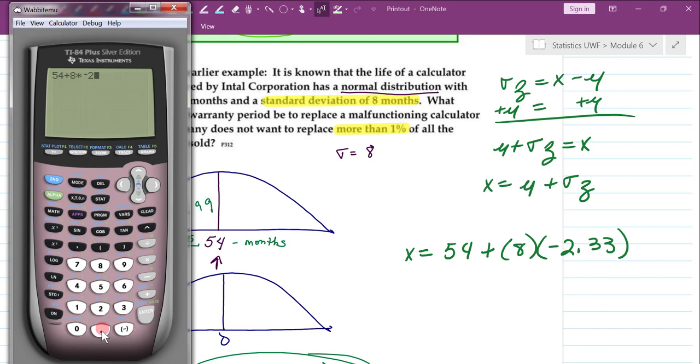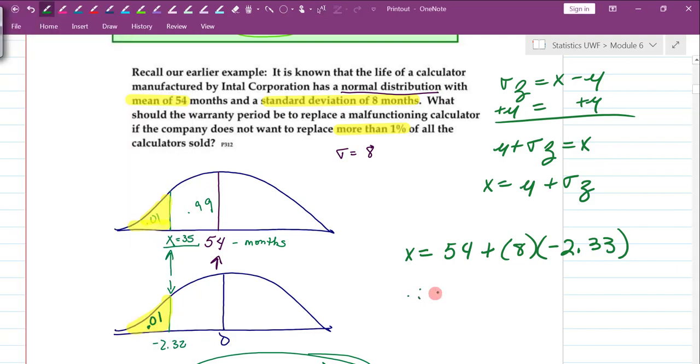We hit enter and we get 35.36. So therefore x is equal to 35.36. The warranty period basically should be about 36 months.